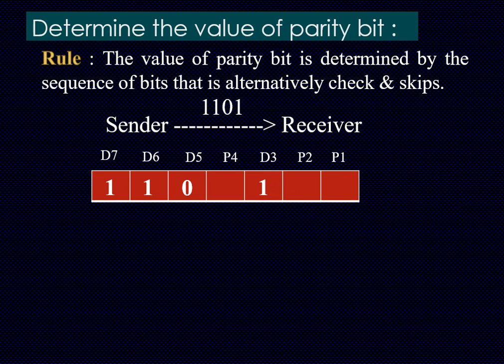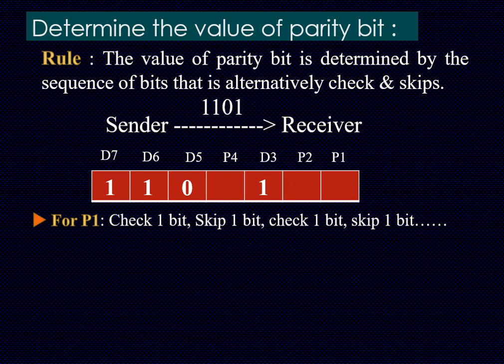Let us take P1 first. The value of a parity bit is determined by the sequence of bits that are alternately checked and skipped. So we have to check one bit and skip one bit, again check one bit and skip one bit, and continue like that.